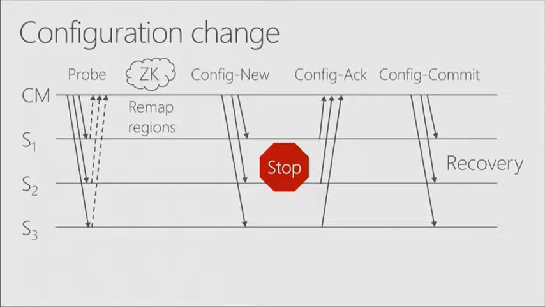So at this point, when we receive this config commit message, each server knows not only about the new configuration, but it also knows that every other server in the configuration knows about it. So it is not going to be incorrectly reading data. It has already stopped processing these regions that need recovery. Okay, and so this basically gives us this precise membership, and this is one of the impacts of using one-sided operations.